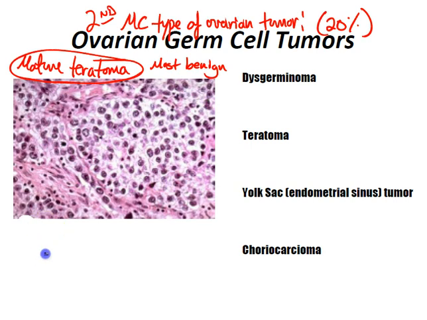Dysgerminoma. That's the most common malignant germ cell tumor. So a dysgerminoma is homologous to a testicular seminoma.